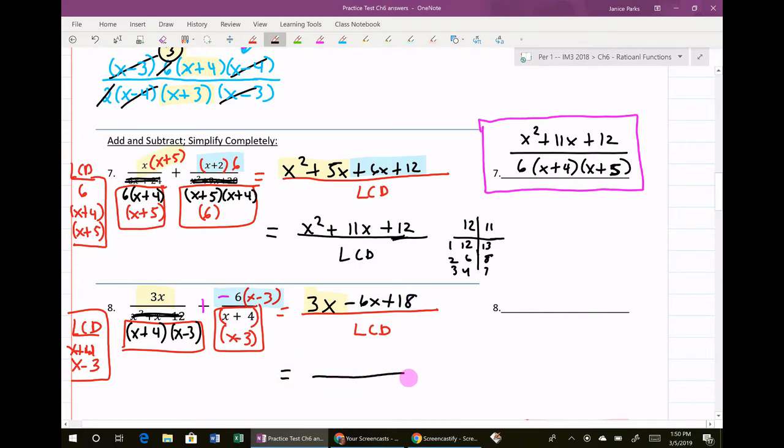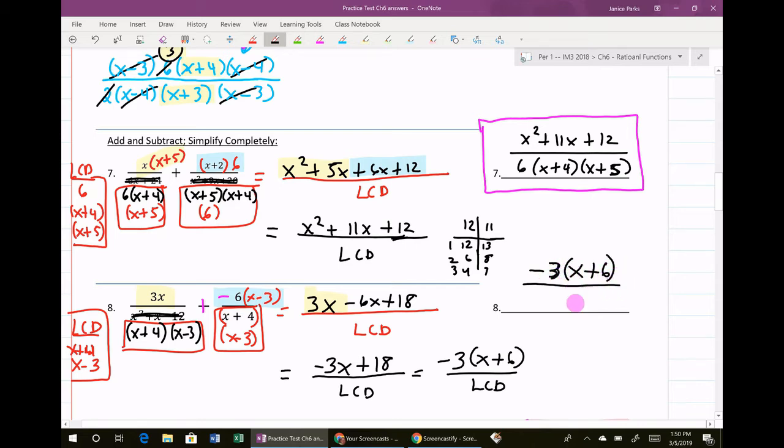So if I combine those, I'm going to have 3x minus 6x, which is negative 3x plus 18 over the LCD. You can factor out a negative 3. That leaves you with an x plus 6 over the LCD. The LCD is x plus 4, x minus 3, so nothing's going to cancel. So I have negative 3, x plus 6 over x plus 4 and x minus 3.